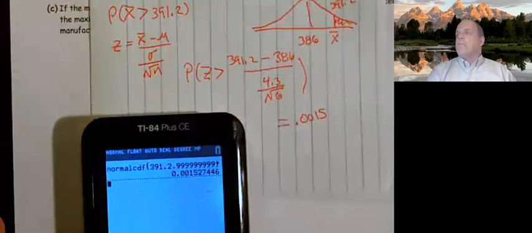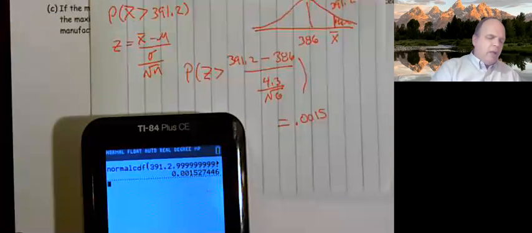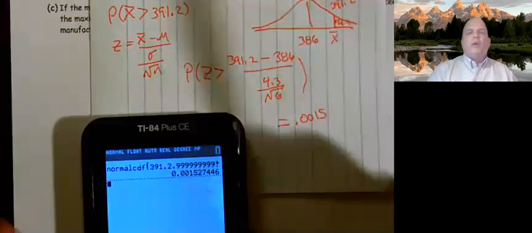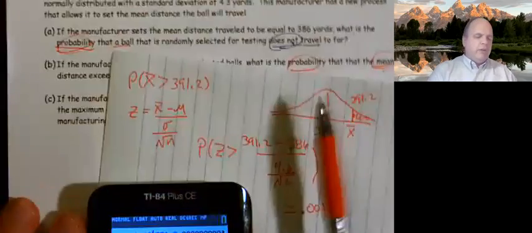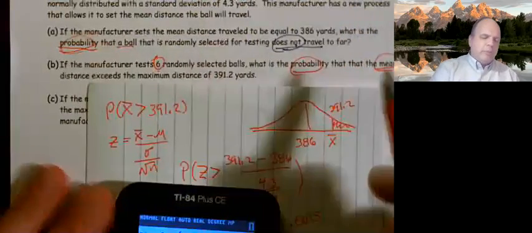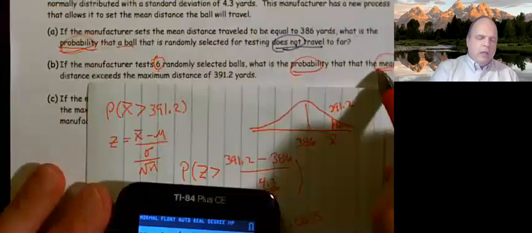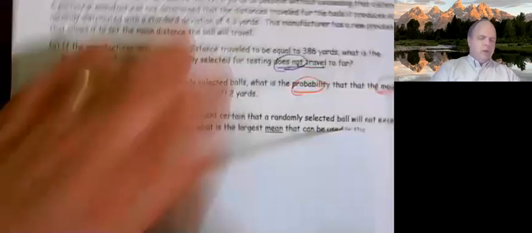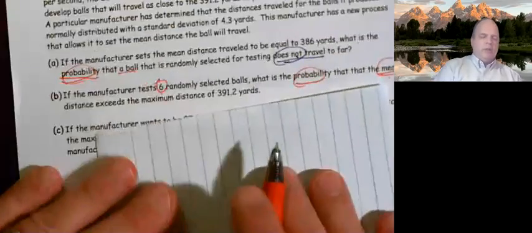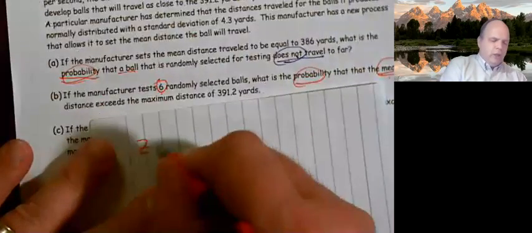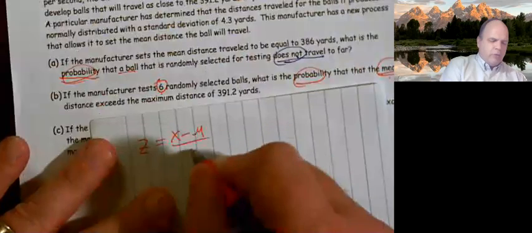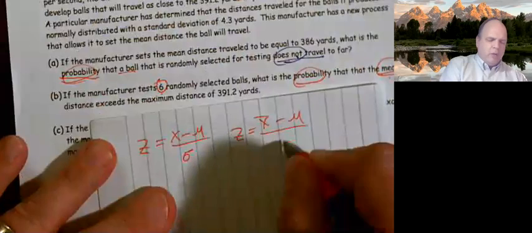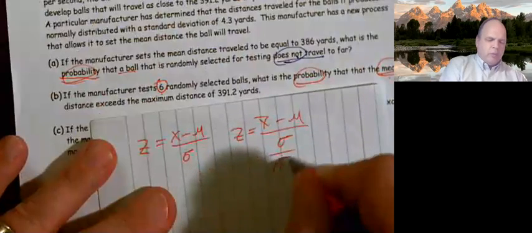Okay? So the question came up, how did I know to use the x bar equation? Well, first off, we're working with a normal curve because they tell us it's normal. And then it says the probability that the mean. If I'm working with a normal, I have basically two choices: z equals x minus mu over sigma, and z equals x bar minus mean over sigma divided by the square root of n.